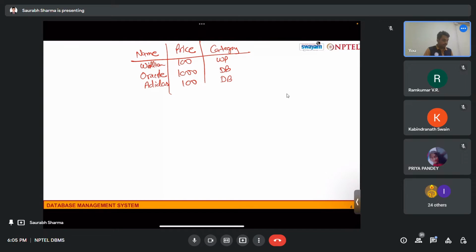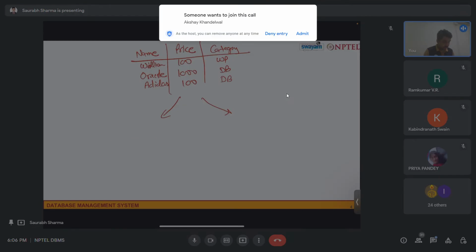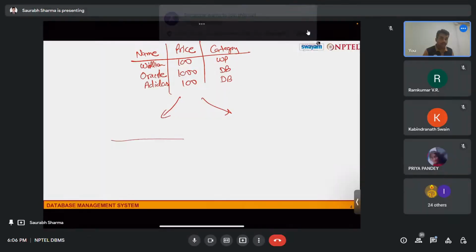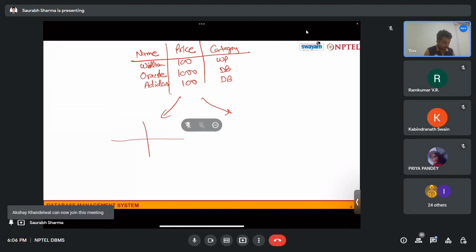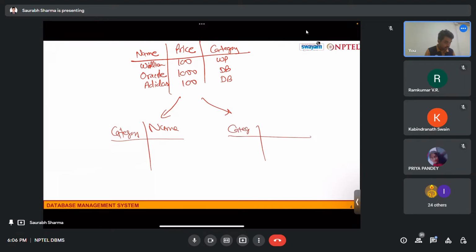Let's say we are decomposing this relation into two tables. First is having category and name, and second is category and price. Now what will happen when we decompose it in this way?